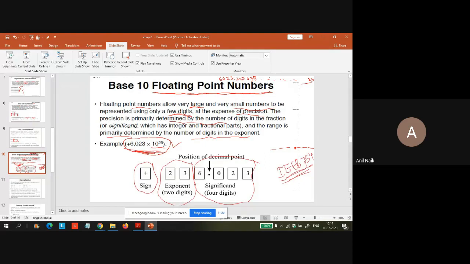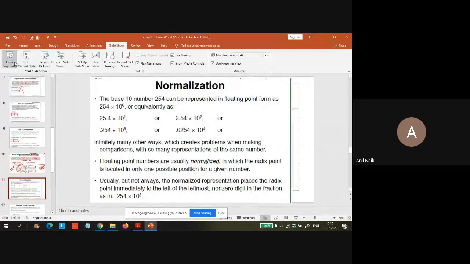Or very small numbers, like 6.02 into 10 raised to minus 56, such a small number we can also represent in this format. So here we are adjusting the decimal point of a given number.